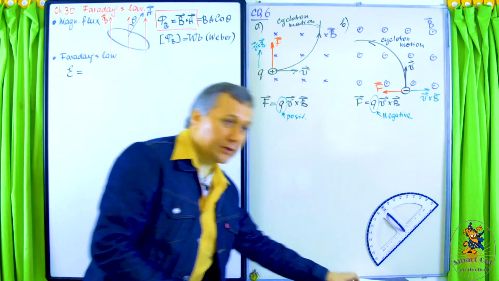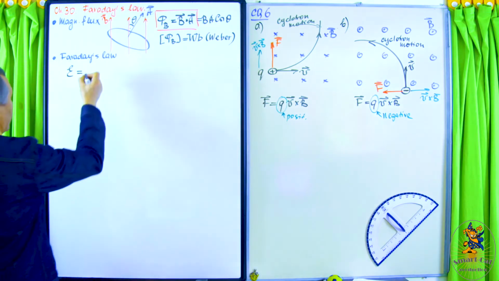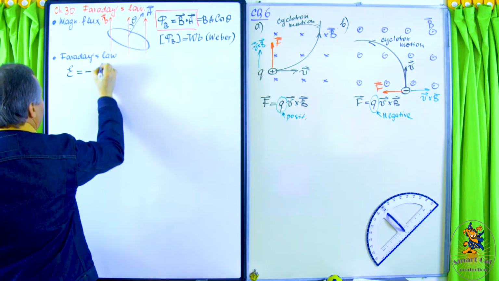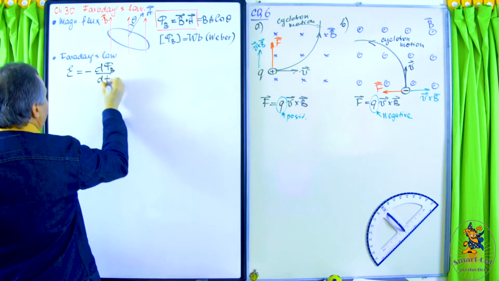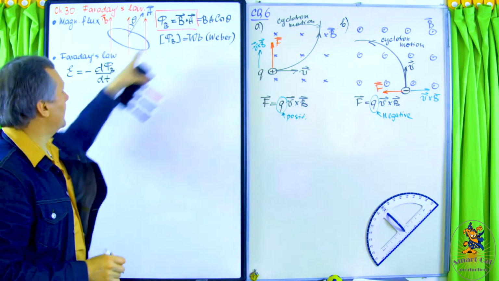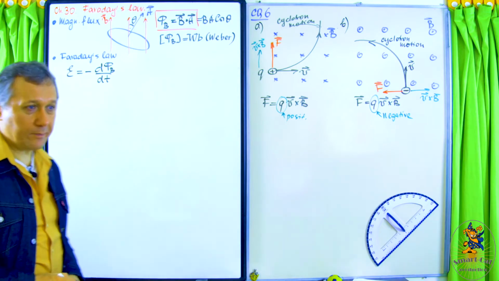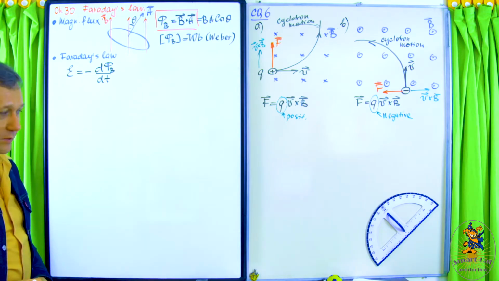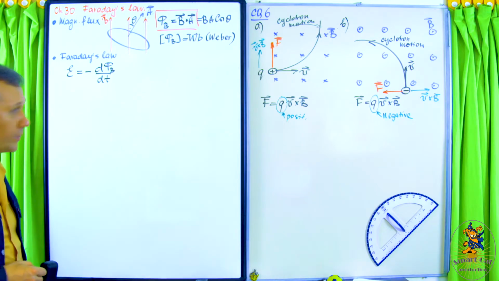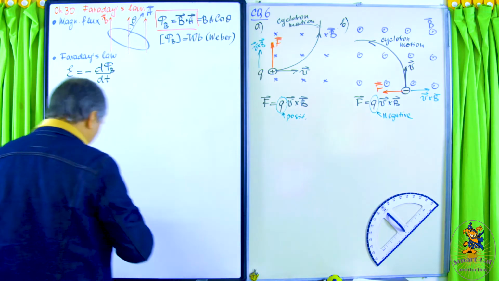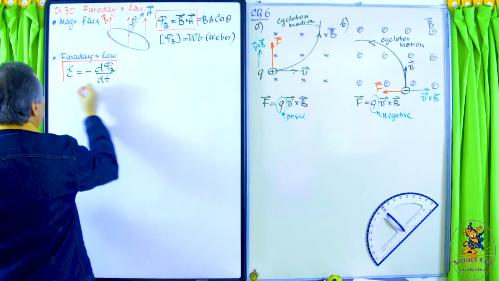The law is written for the EMF: EMF equals minus the rate of change of the magnetic flux. If that flux changes in time, EMF is produced, somehow, mysteriously, in the loop. Let me frame it because it's a fundamental law.